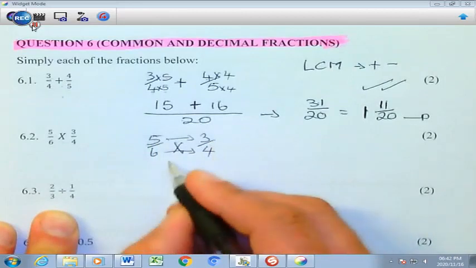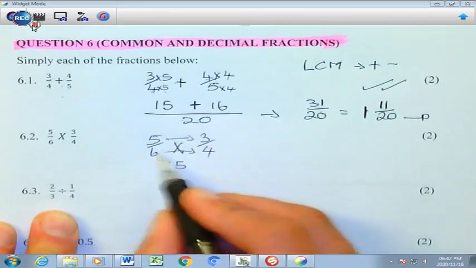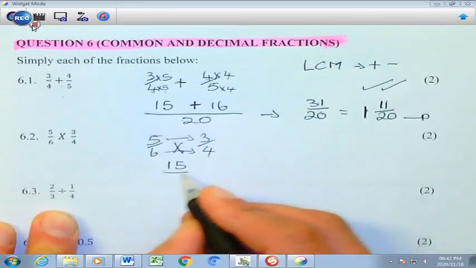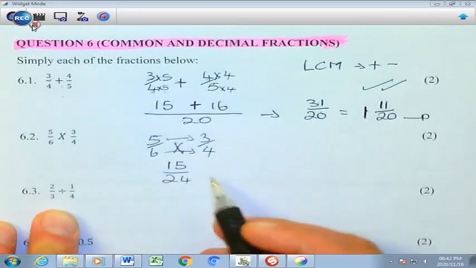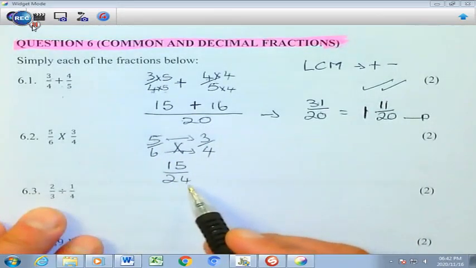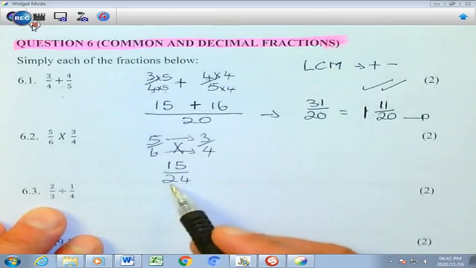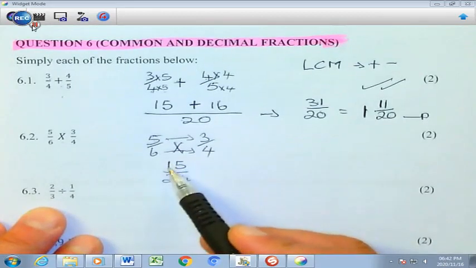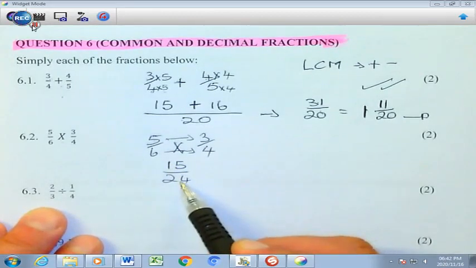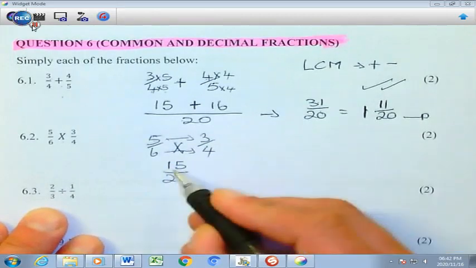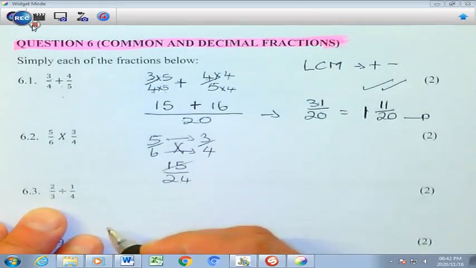5 times 3, that's 15. 6 times 4, that is 24. Right? The question that you must ask yourself, can I simplify? Is there any value that goes into 15 that goes into 24 as well? Yes, there is. I can put 3 into 15.